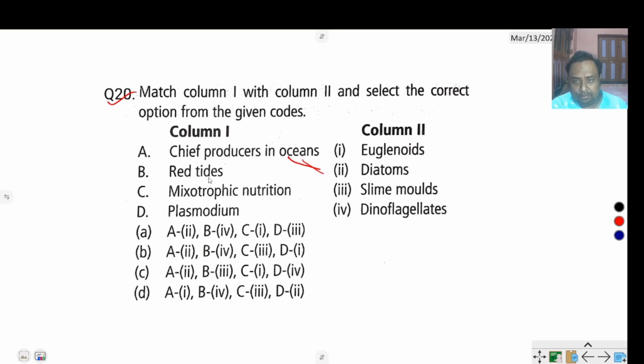Red tides by Dinoflagellata. Mixotrophic nutrition by euglenoids. Plasmodium is a slime mold. So the correct option is A2, B4, C1 and D3. A is the correct option.